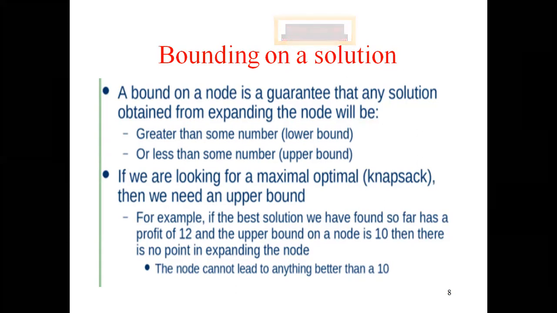Since we are going for a maximal optimal knapsack problem, the maximum number of items placed in the bag should give the maximum profit, but it should not exceed the capacity of the bag. So in that case we need an upper bound.